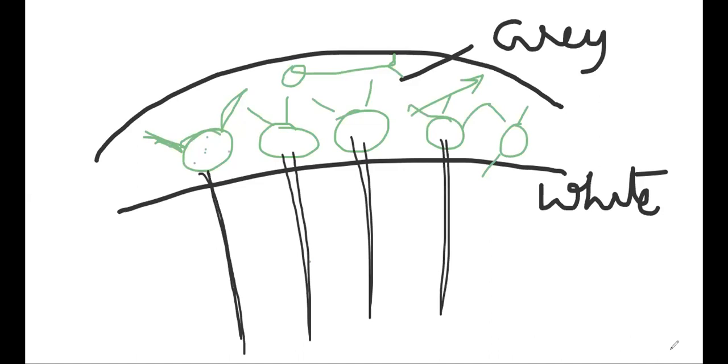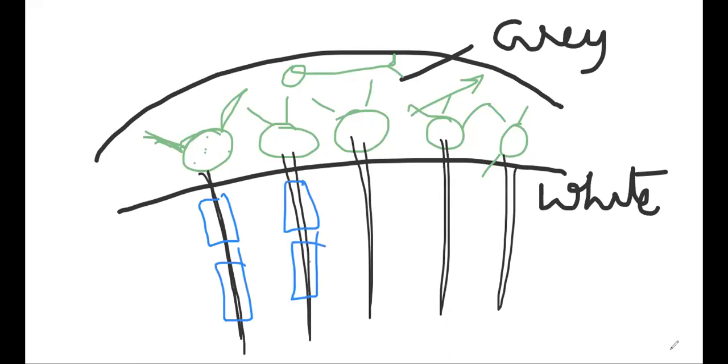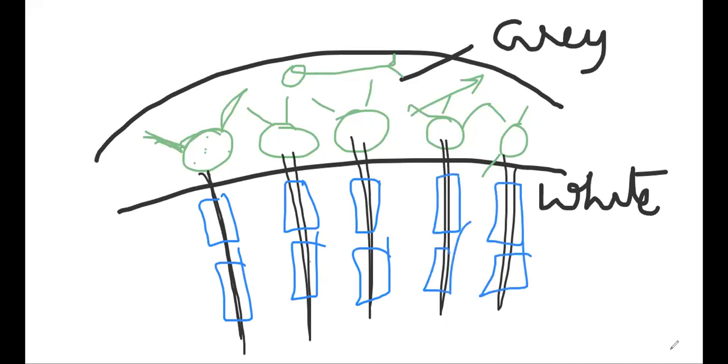Myelinated axons are present like this. So we are talking about the myelin sheath. If myelin sheath is present, what is the color? A white color appearance will come. So we need to remember that white matter contains myelinated axons.